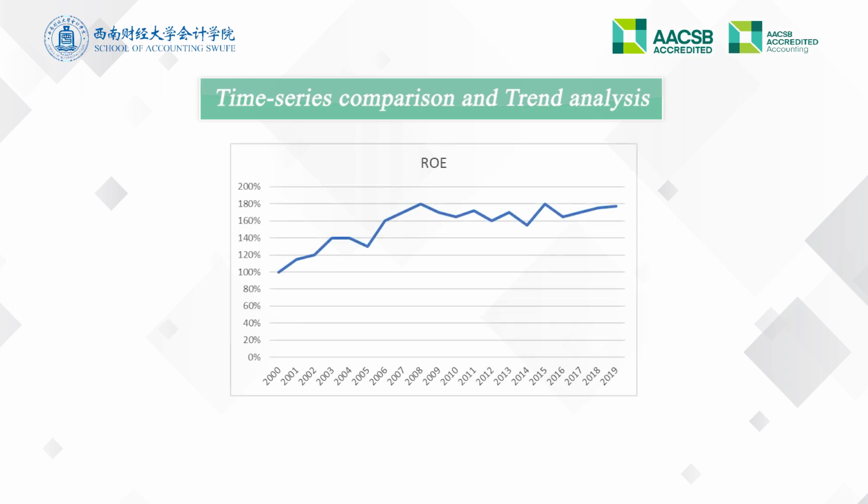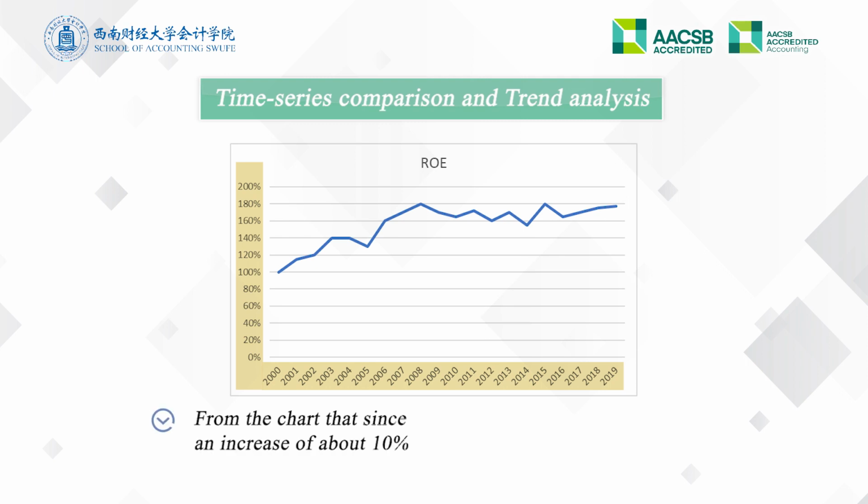For example, this graph shows a trend example. We show this trend analysis over time in chart form. The base year is year 2000. This chart shows the ROE in years after 2000 as a percentage of the ROE in 2000.